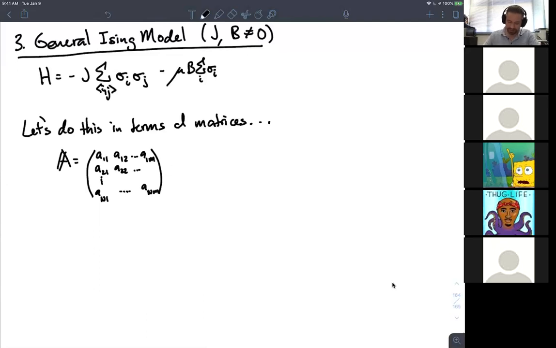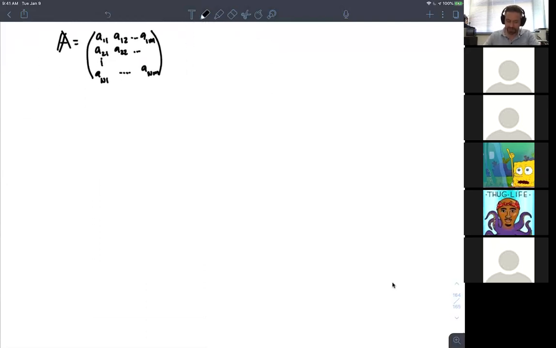Okay, and so now in particular, what I want to do is make sure that we know how to express a product of matrices. All right, so if I take two matrices, A and B, and I multiply them together, then for the sake of simplicity, let's look at 2 by 2 matrices.